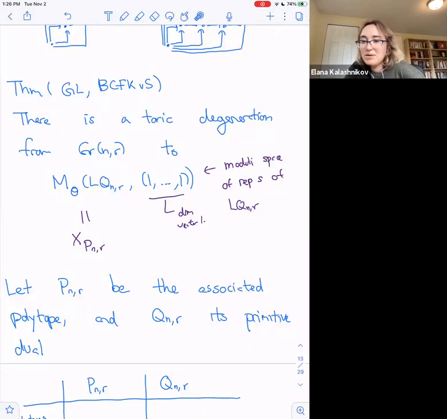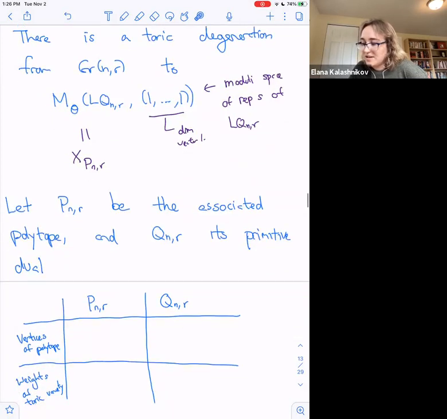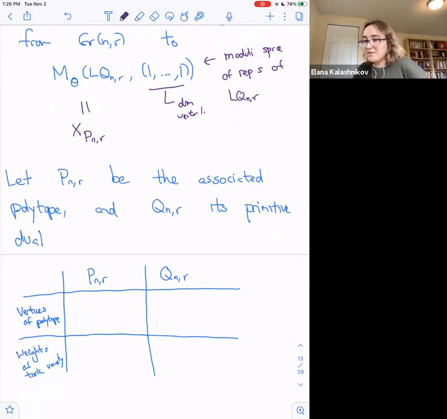I want to tell you a bit more about these polytopes and how you can describe them using the ladder quiver. I'll go through each of these boxes more carefully, but I'll just tell you what the indexing sets are in each case. If we look at P_{n,r}, the vertices of this polytope are going to be indexed by arrows in the ladder quiver, and the weights of the toric variety are going to be indexed by vertices of the ladder quiver.